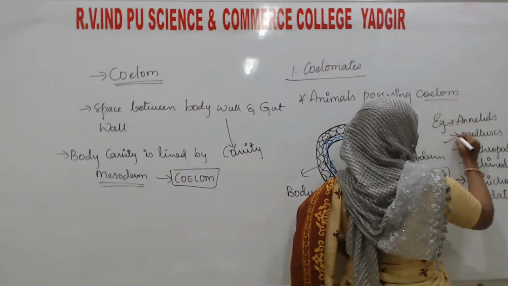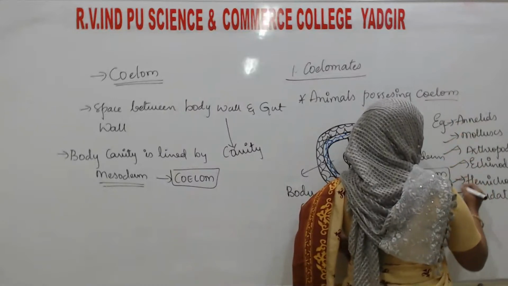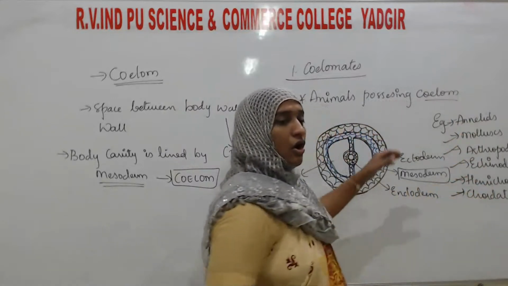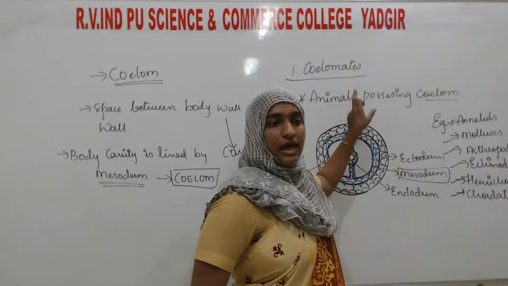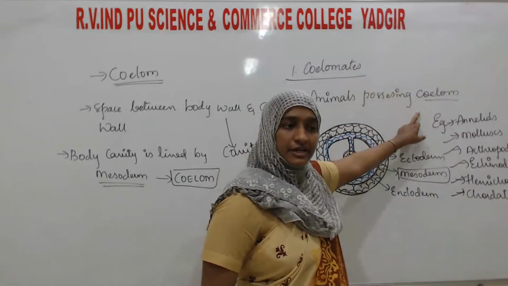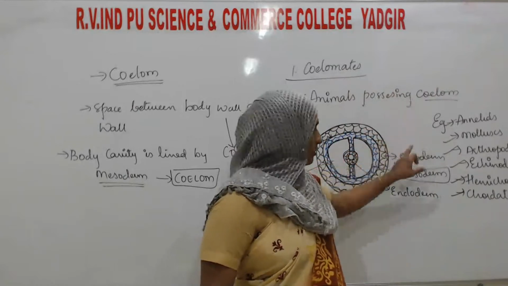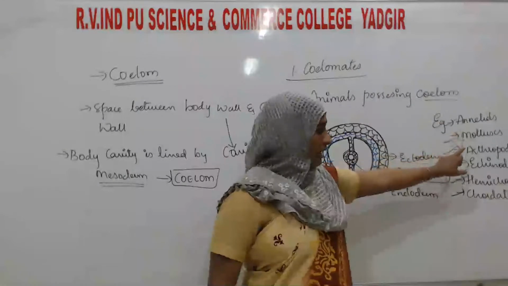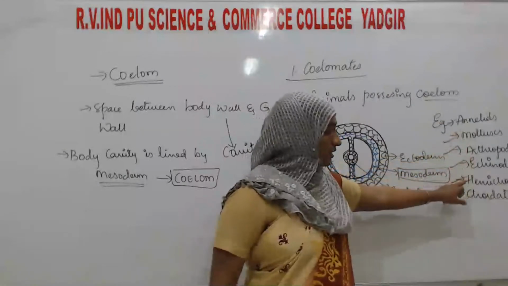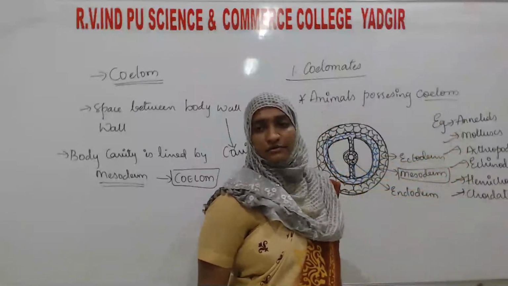So annelid, mollusk, arthropod, echinoderm, hemichordata, and chordata, all of them are coelomates. It means they have a true body cavity.